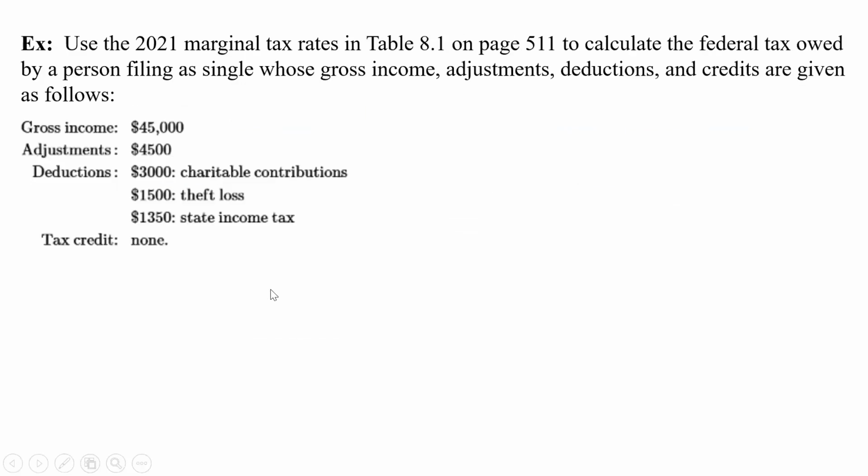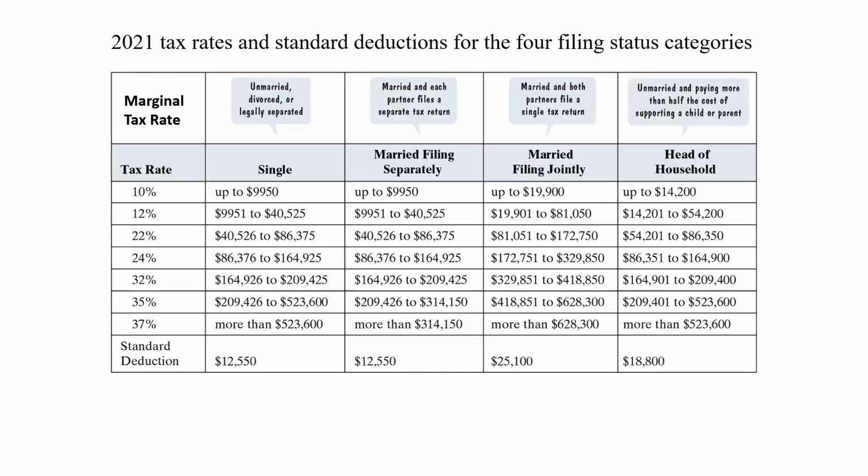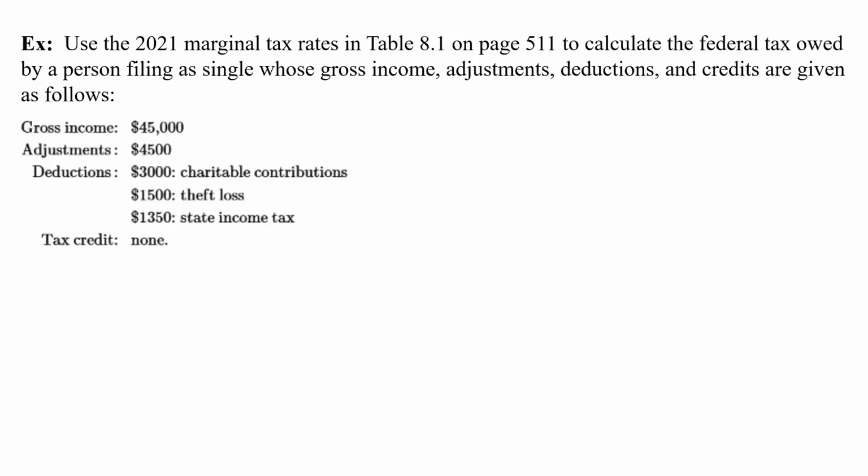So let's look at an example here. It says use this form and calculate the federal tax owed by the person with the following. So what do we know? Well, we see that they're single and they are given the following: we have our gross income, adjustments, deductions, and the tax credit. Let's first find the adjusted gross income.